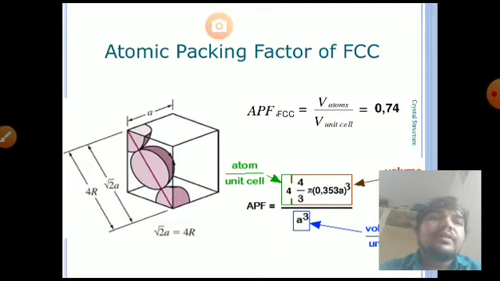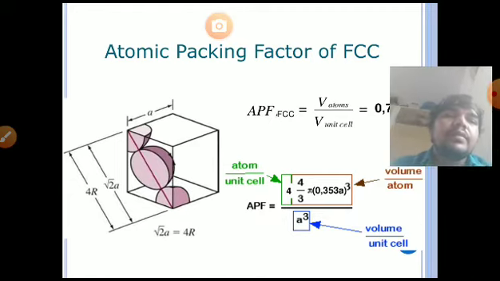That is APF is equal to the atoms in the unit cell times the volume of each atom divided by the volume of the unit cell, that is 4 into 4 by 3 pi r cube, where r is equal to root 2a by 4, divided by a cube.